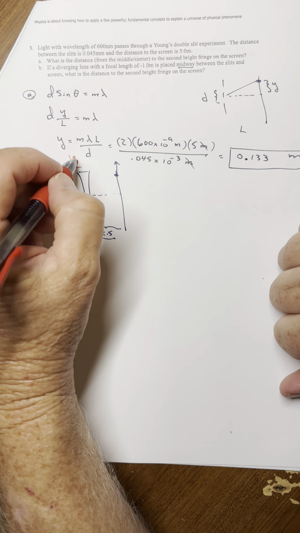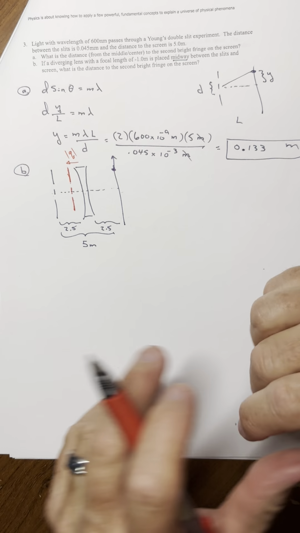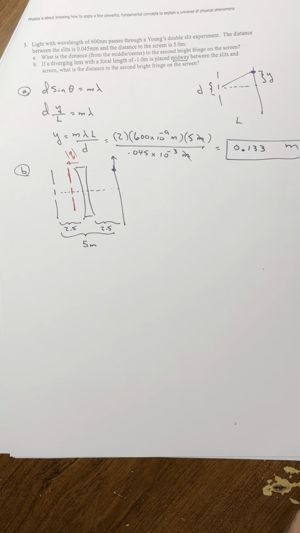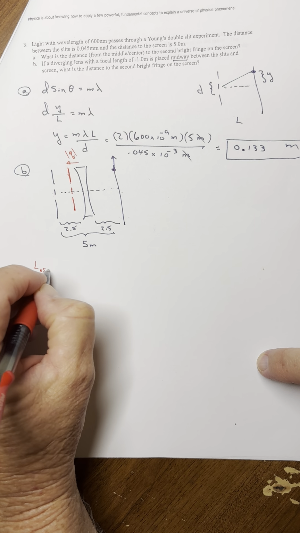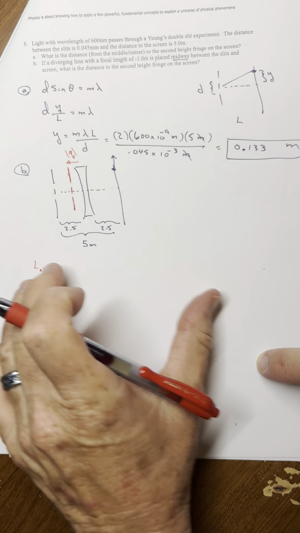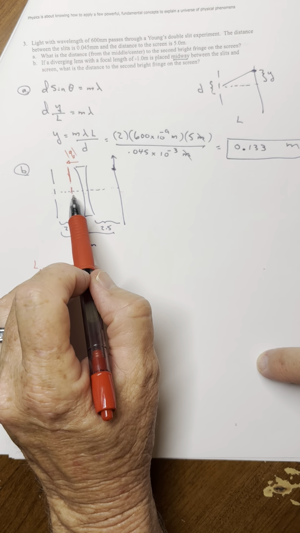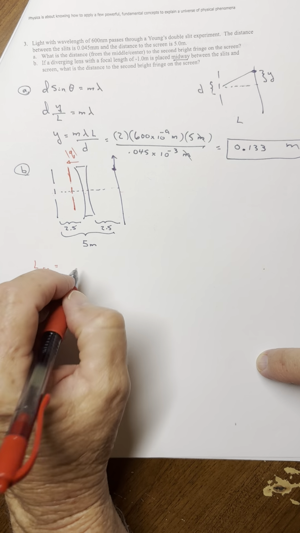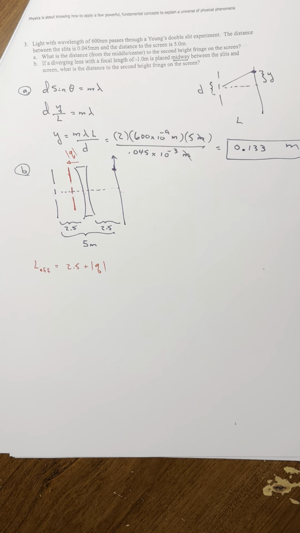And maybe I should say it's the absolute magnitude of it, because keeping our sign convention, this should be a virtual image, and it should then be a negative. And so I guess I would say my effective length now between the slits and the screen, it's really the image of the slits and the screen, is really going to be this 2.5 meters plus the absolute value of Q.